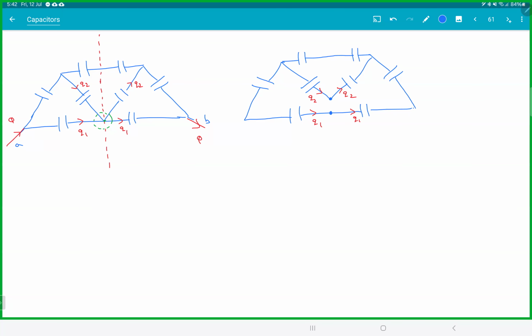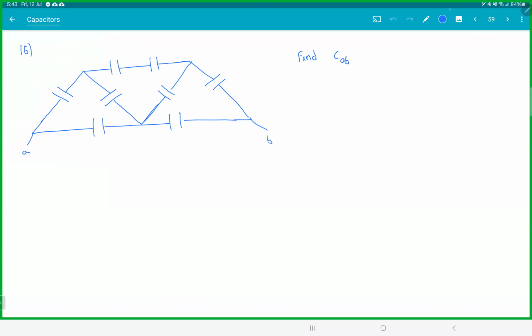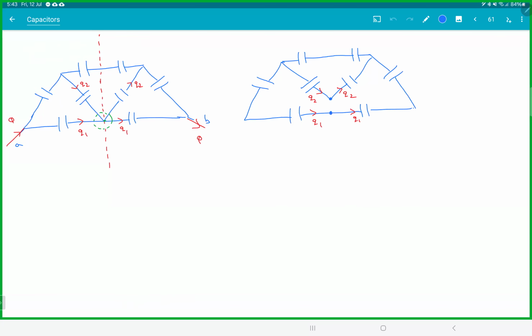That is because whatever charge flow happens on the left, the same symmetry happens on the right. So even if that node is there or not there, the circuit won't understand any difference. So removing the node will not affect anything in the circuit. Is this making sense? So now using this logic, if I remove that node in the middle, it actually becomes easy to solve.